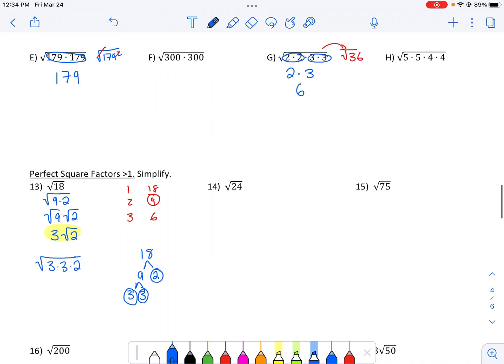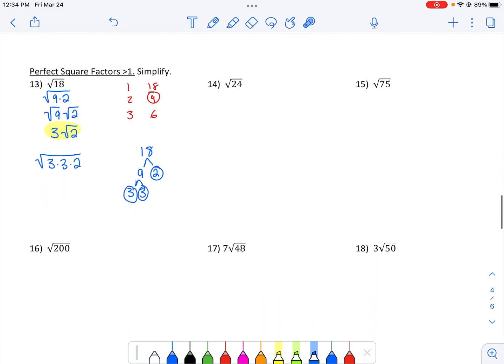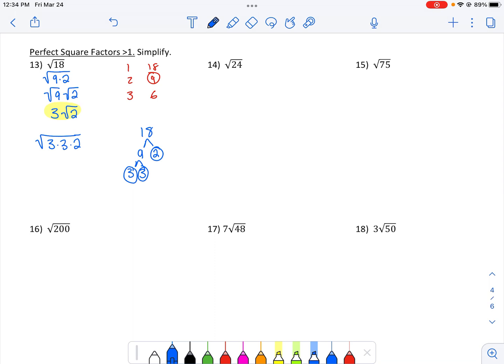And then use the strategy that we saw here to take out anything that we have perfect squares of. So I see that there's a 3 squared inside, so I'll have a 3 on the outside. What's left inside is 2. So I'd again get 3 root 2. Some people even do it directly from the tree. They cross off their 3's, write a 3 on the outside, see what's left, multiply those together to be on the inside.